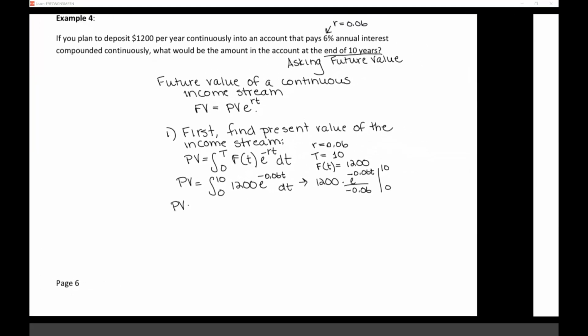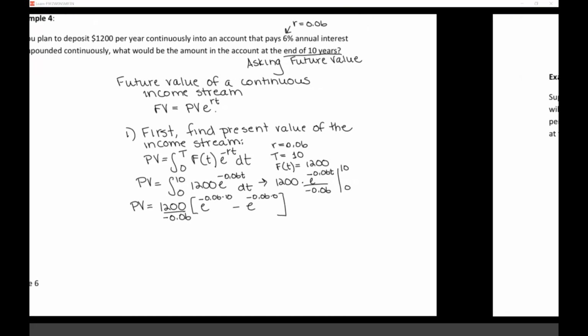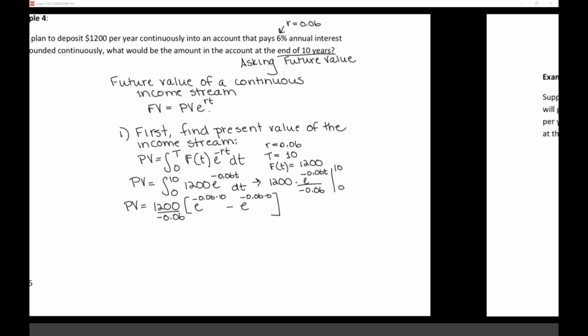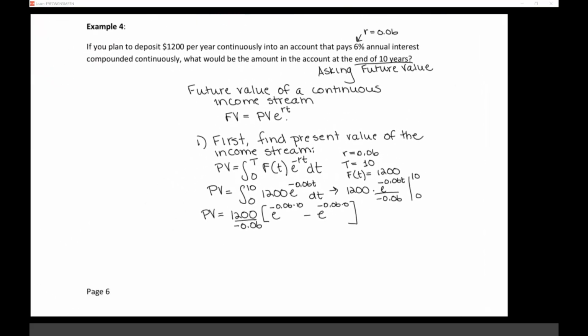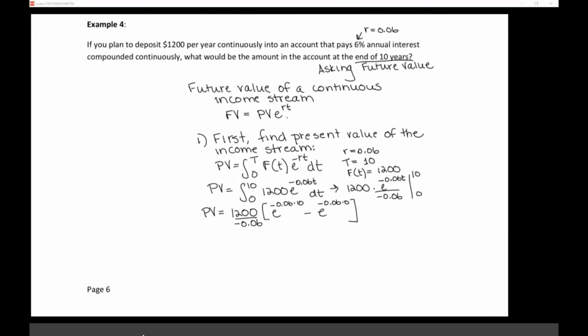So PV is going to be 1,200 over minus 0.06 times e to the minus 0.06 times 10 minus e to the minus 0.06 times 0. This looks almost identical to the last problem. I'm also going to do it on the calculator.